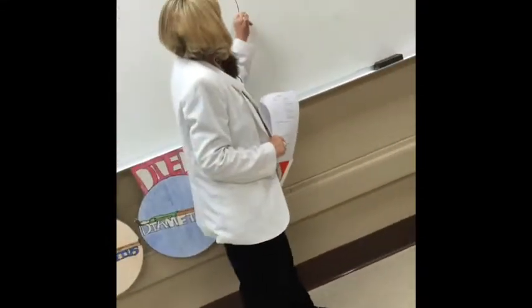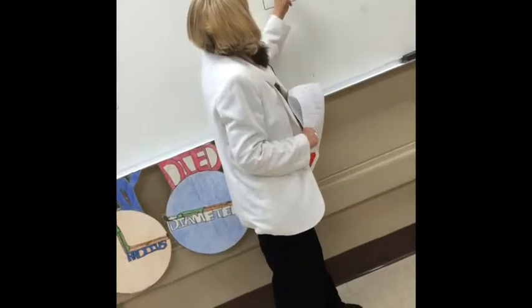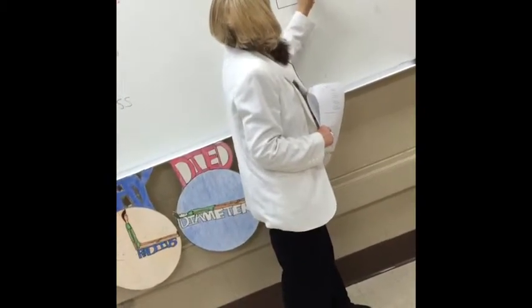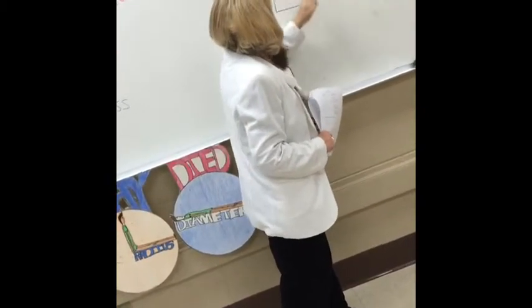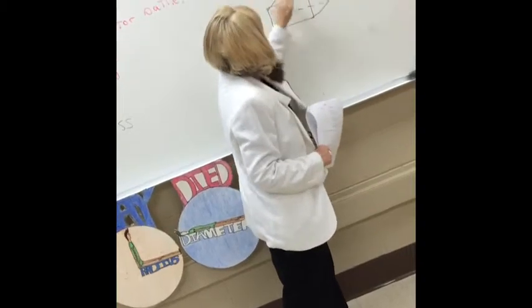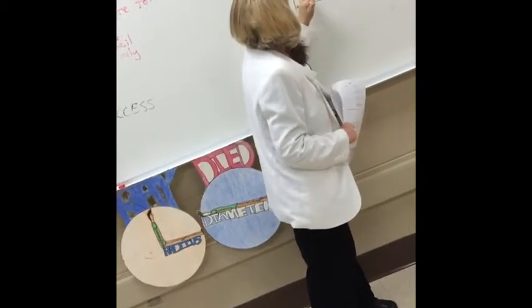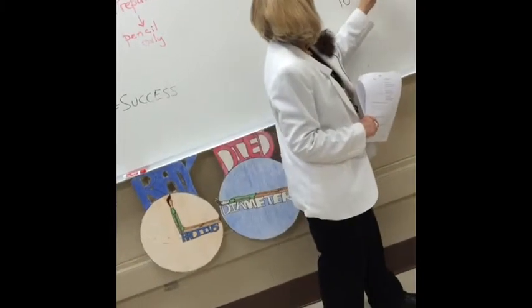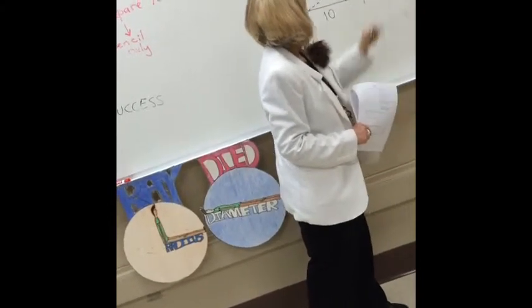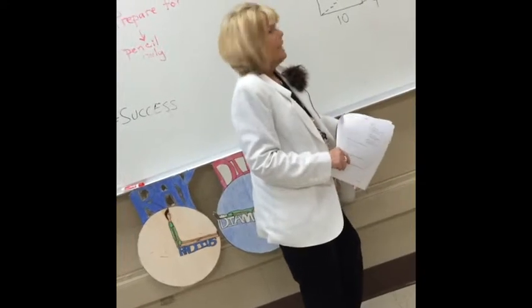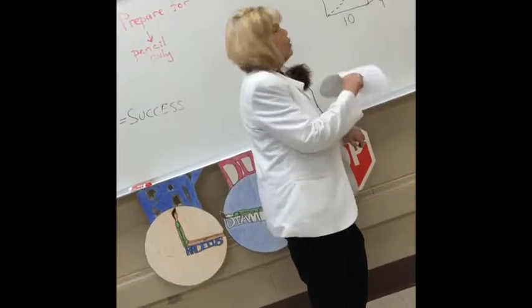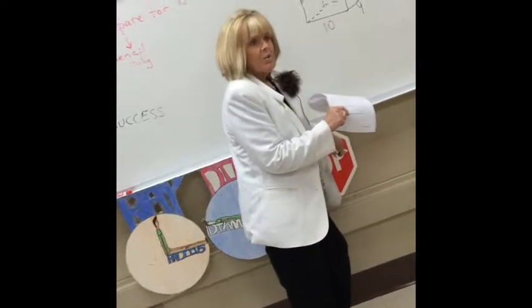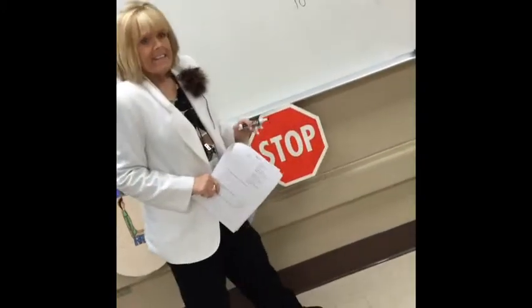So if you draw that box on a flat surface, then you have to picture in your brain, I'm going to call this 10, and I'm going to call this 9, and I'm going to call this 8. You have to be able to look at that and determine the length and the width and the height in a problem like this.